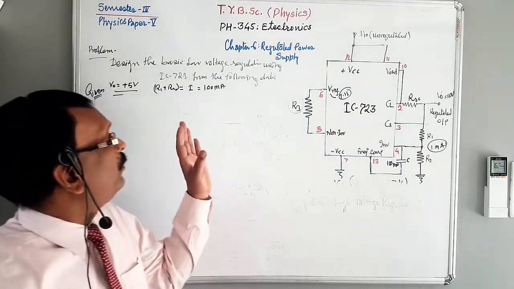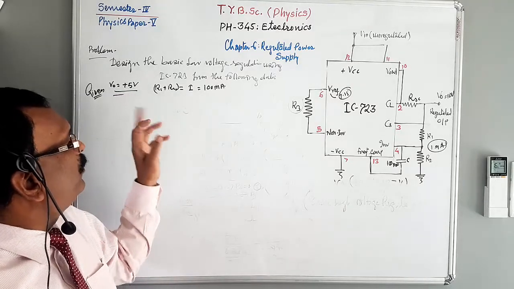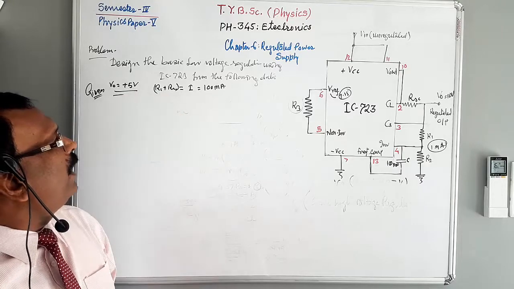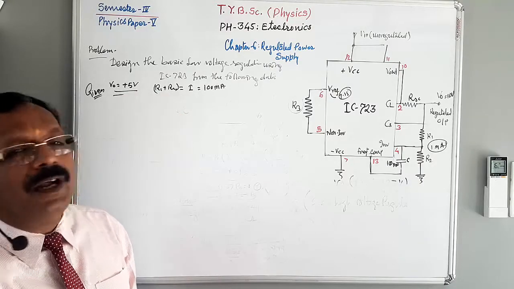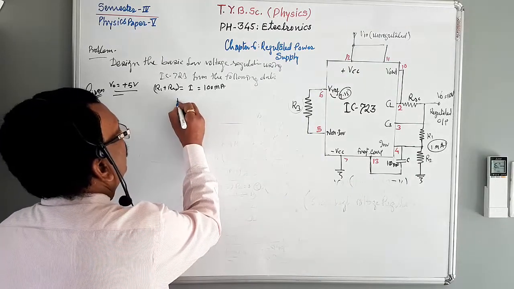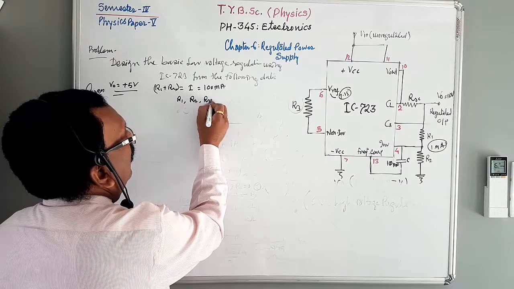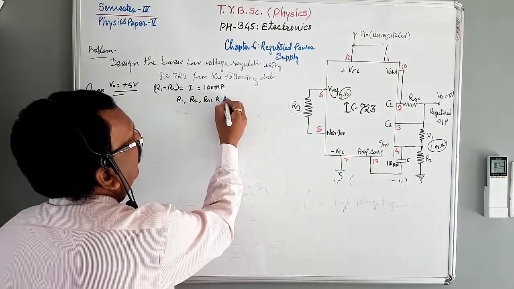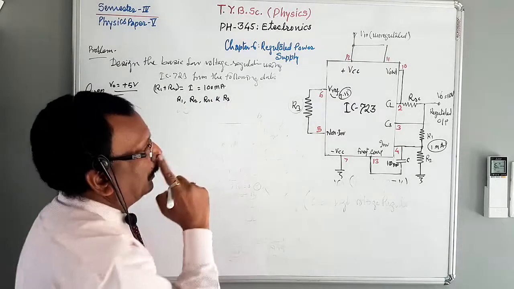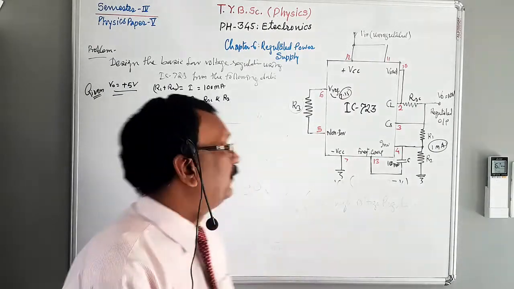Now, in this problem, we have the output voltage V0 equal to plus 5 volt, and the current flowing through R1 and R2, that is I. In this circuit, we have to find out the values of R1, R2, RSC and R3.